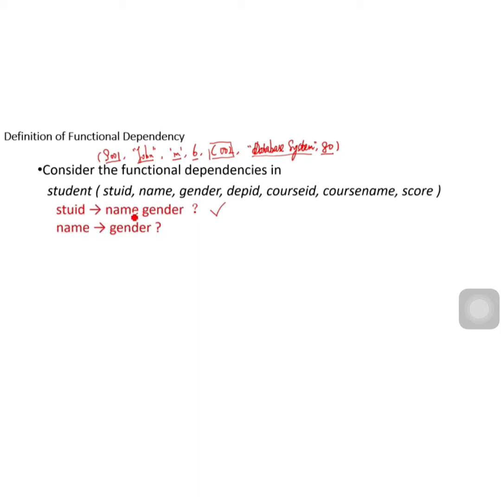Name functionally determines gender. In your exercise, someone told me we cannot find any two persons with the same name.